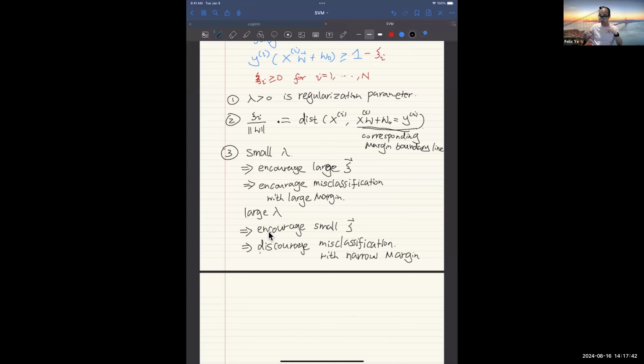So basically, this is a balance between misclassifications versus large margins. This parameter lambda is tuning the balance between these two factors.